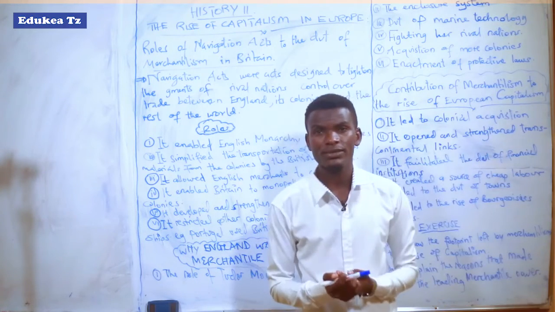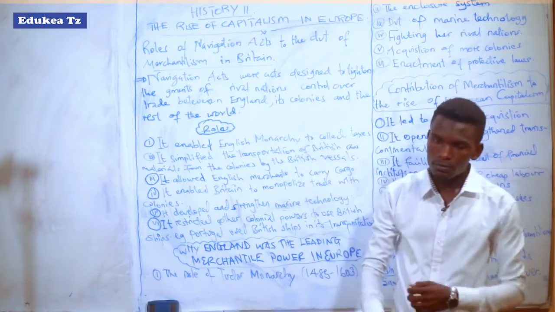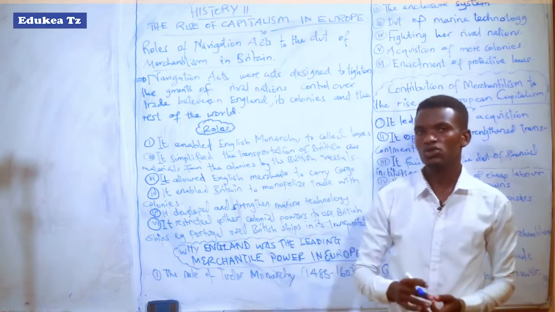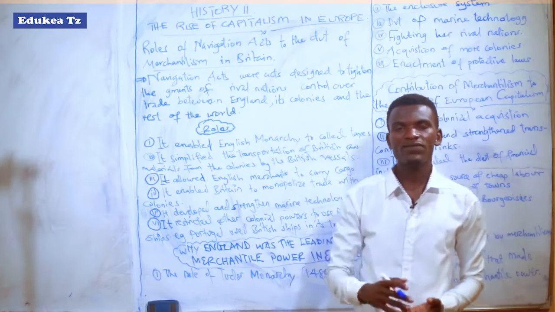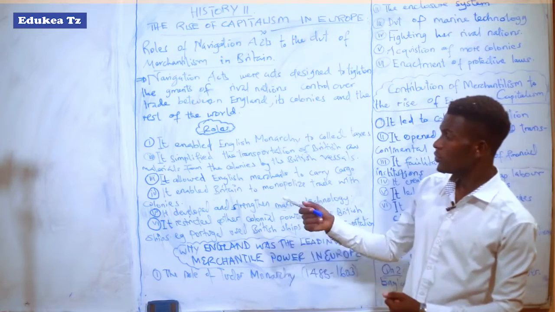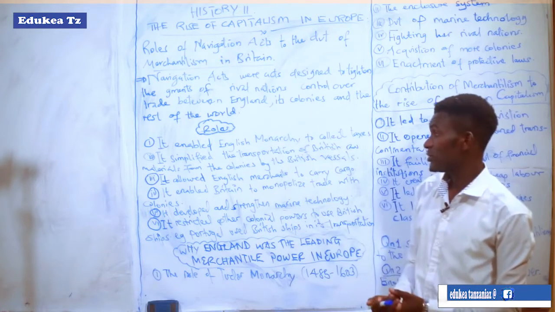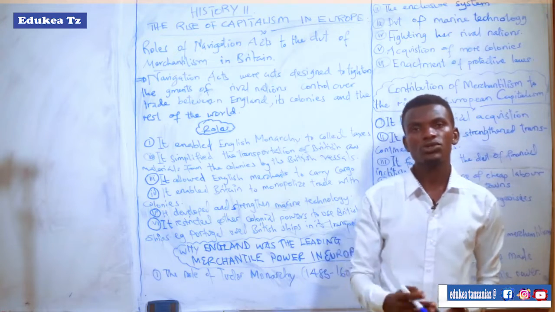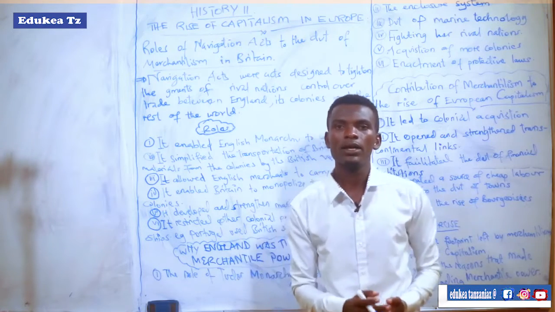It means the Navigation Acts prohibited the use of vessels other than British or English ones in transporting English raw materials from the productive areas to the industrial centers. This led to the development of mercantilism in the sense that those vessels enabled merchants to transport their raw materials and goods from productive areas to markets and industries.